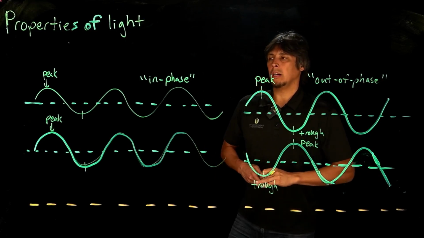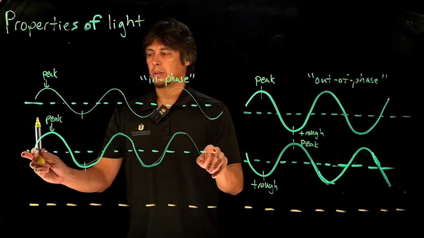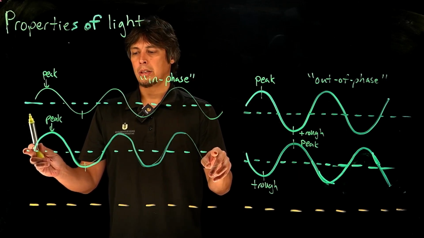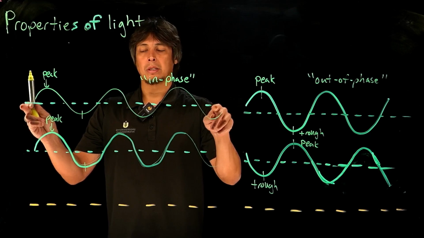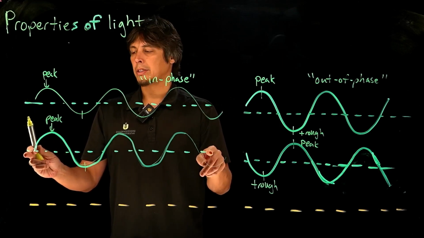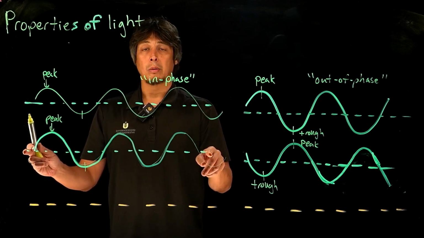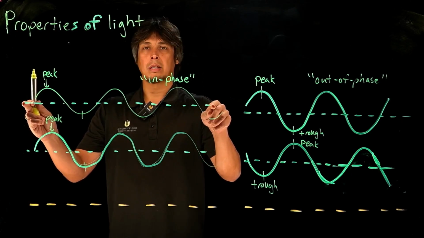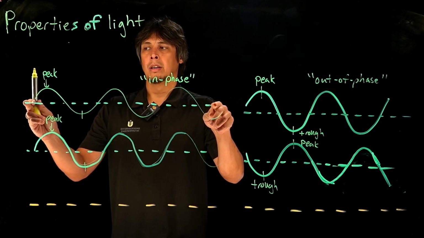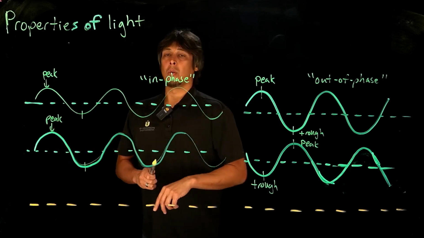Now let's say we move these axes, which these waves are centered around, into the same position. Imagine for a second that we're moving the wave on the bottom into the exact same axis as the wave on the top. What would happen?